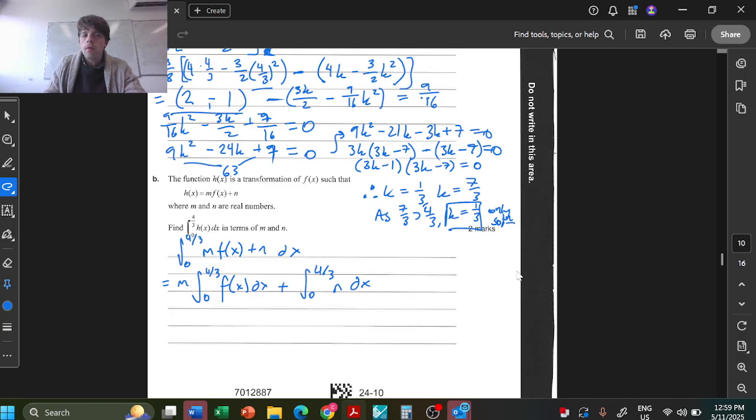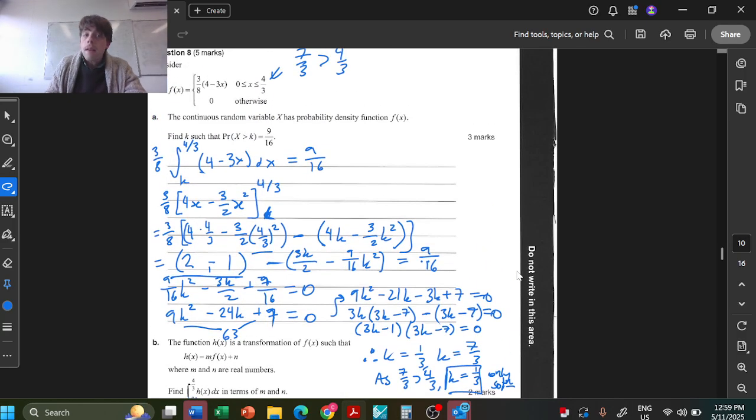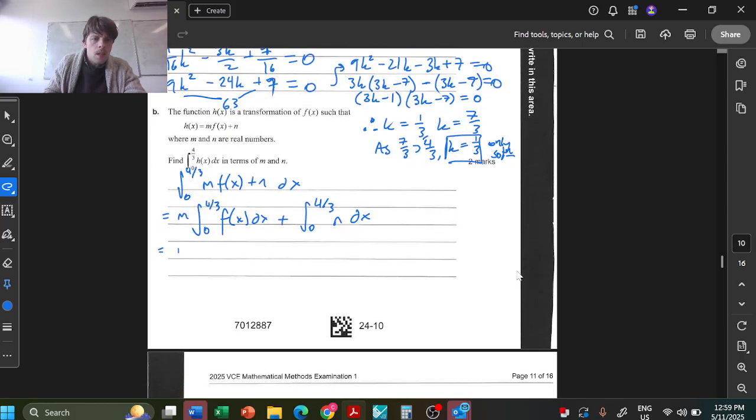And of course, the integral from 0 to 4 over 3 of fx, given that fx we've been told is a continuous random variable, should be equal to 1. So that's the entire domain of this thing. So this is just going to be equal to m times 1, right? And then we just have to evaluate this last bit over here.